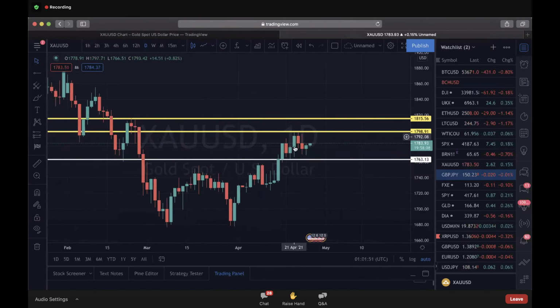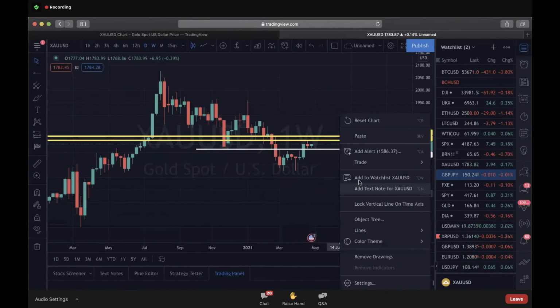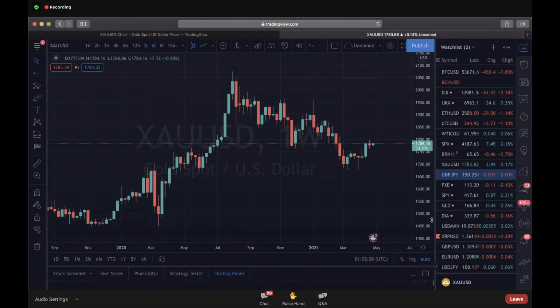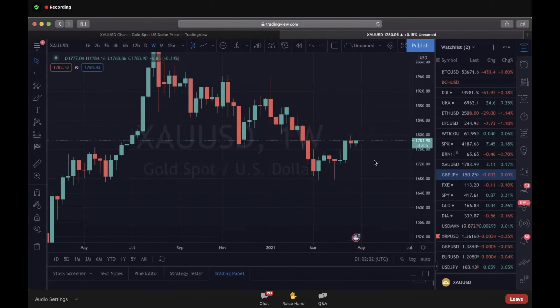So you see how price is in that range, like I told you? All right, we're gonna wait for that range to break out. I personally think that price could hit these levels.